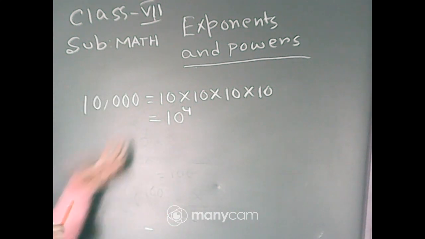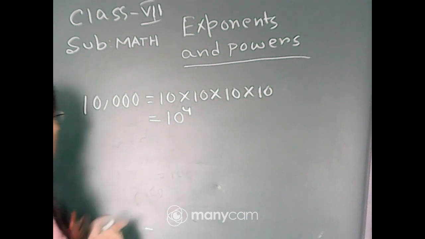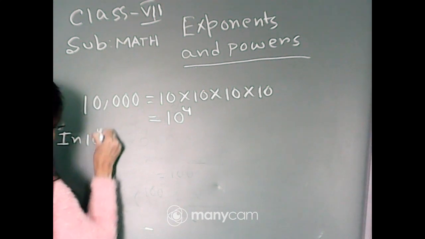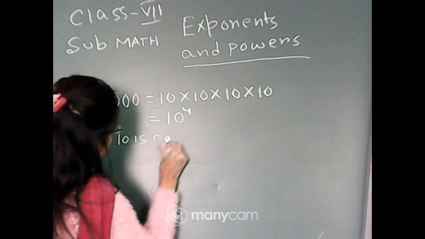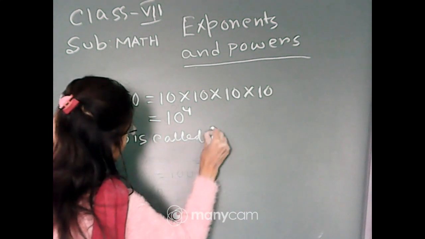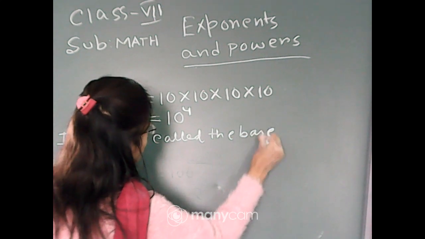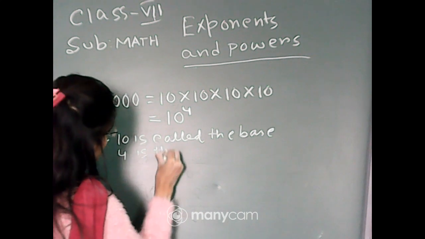This short notation stands for this product, and in 10 to the power 4, 10 is called the base and 4 is the exponent.